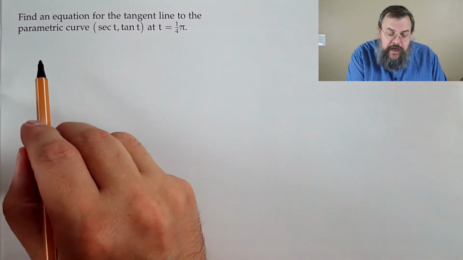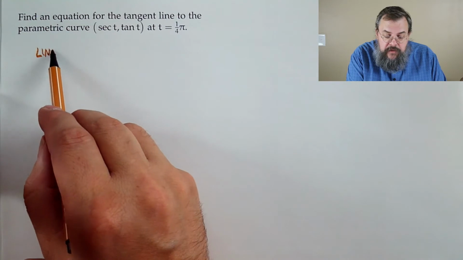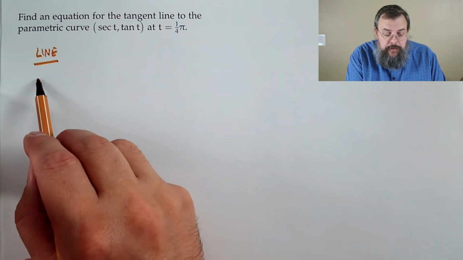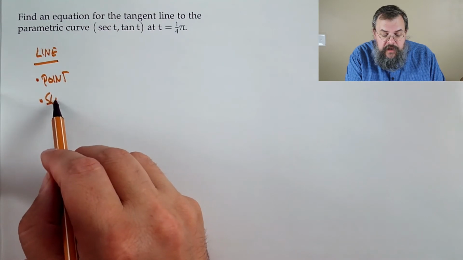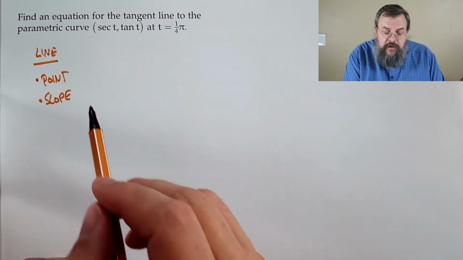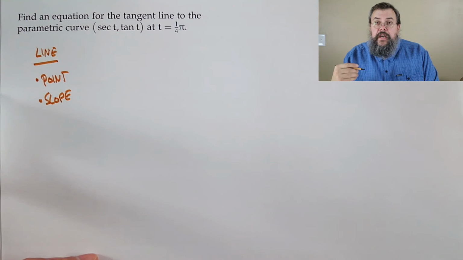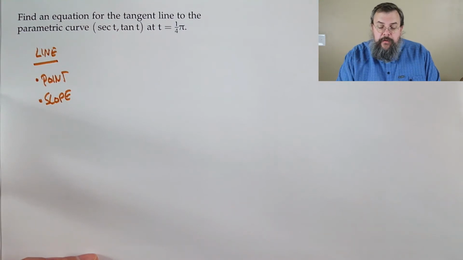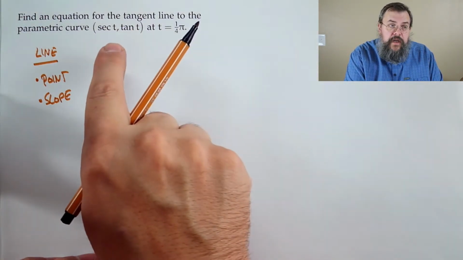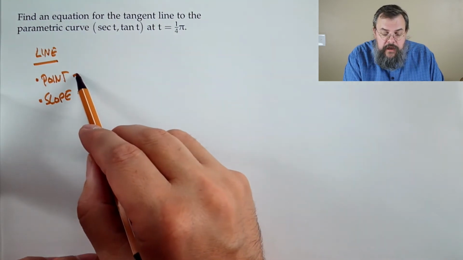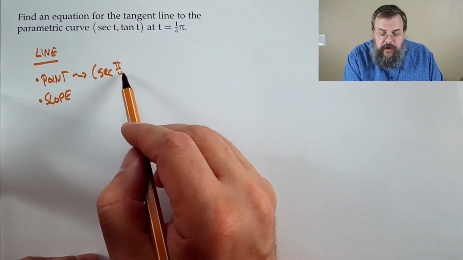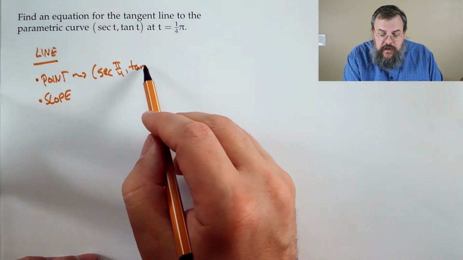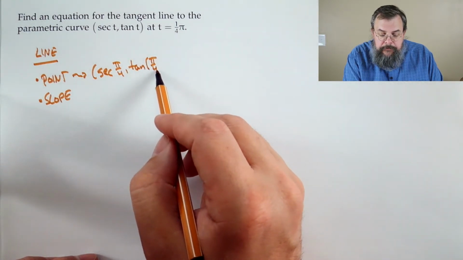Every line always has two pieces of information: we need a point, and we need a slope. So how do we get these things? Well, for the point, you plug in the parameter. We're at time pi over 4, so plug it in. So our point would be secant of pi over 4, tangent of pi over 4.